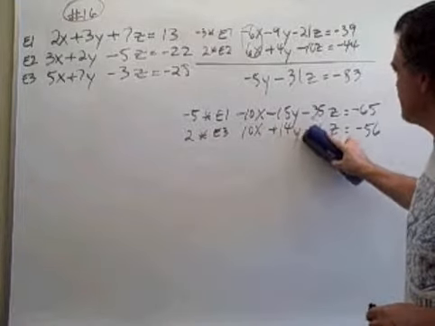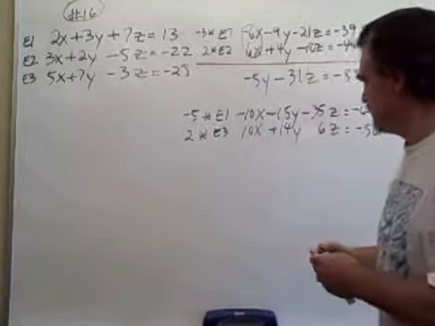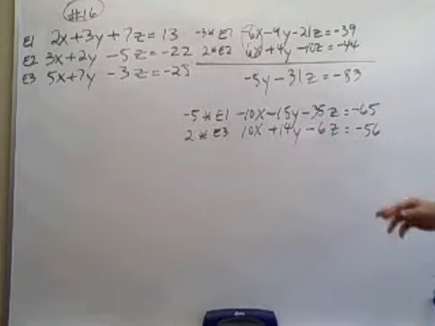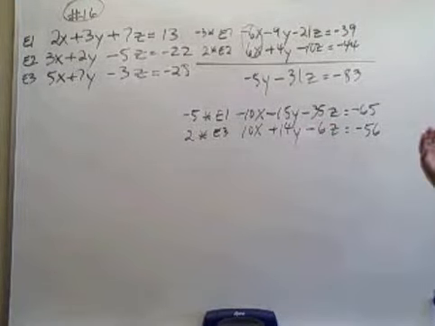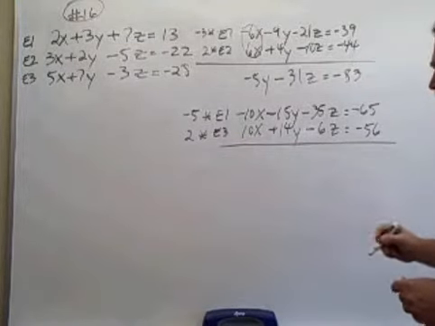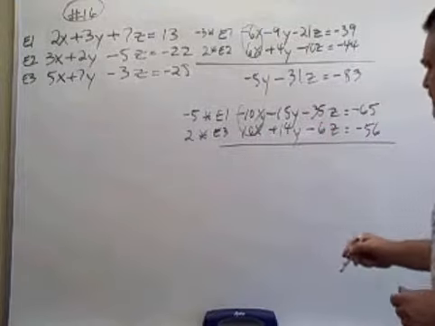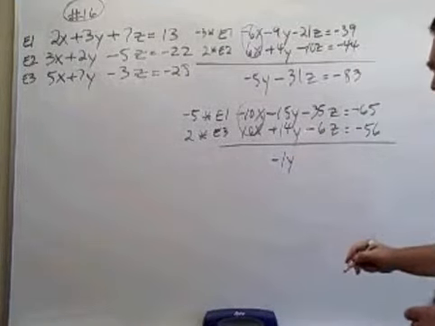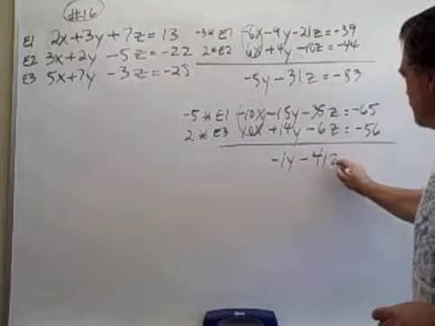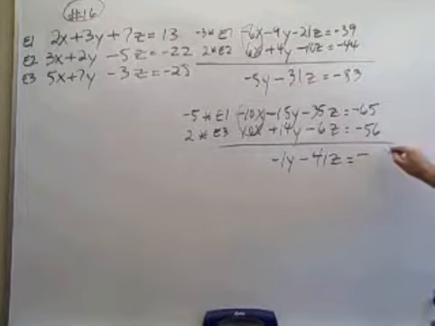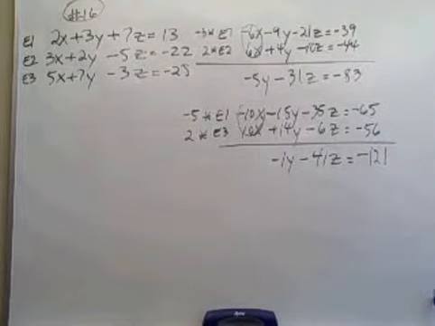That was minus z, and I'm multiplying by a positive, so it should be minus 6z equals -56. So easy to make arithmetic errors when solving these bigger systems. That's 0. So here we have minus 1y, and here we have minus 41z equals negative, let's see, 5 and 6 is 11, put on the 1, carry the 1, it'll be 121.